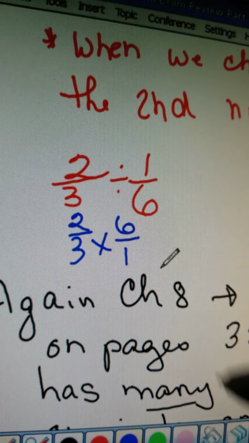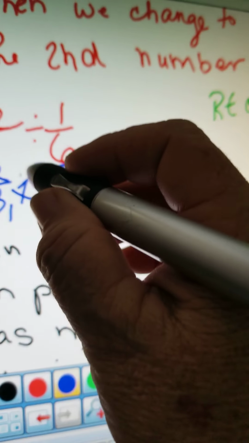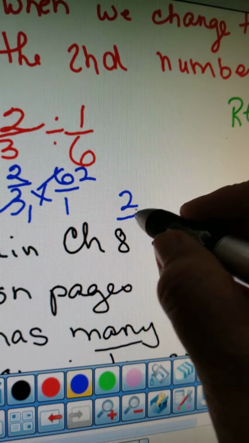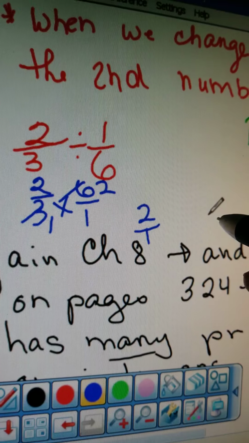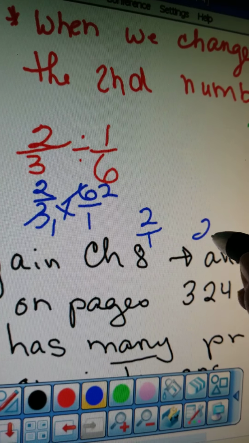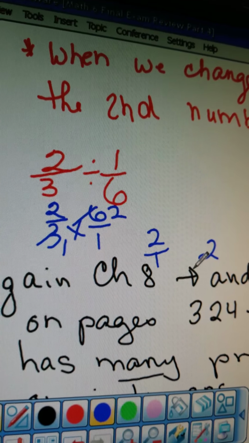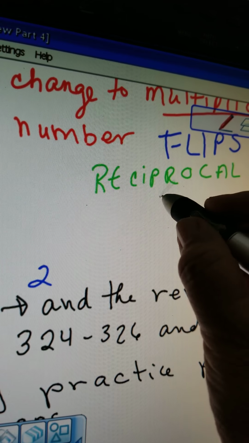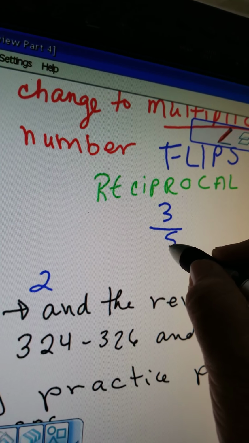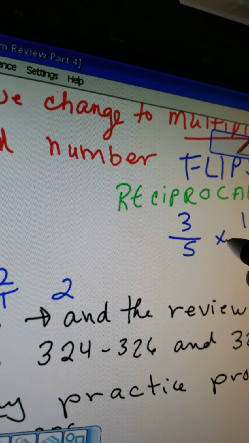All right, now the second number goes to the reciprocal. Now I can reduce by 3. Divide by 3, divide by 3. 2 times 2 is 2 over 1. Good rule, any number divided by itself equals the number 1. All right, do you understand that we don't flip and we don't flop until we change the sign?